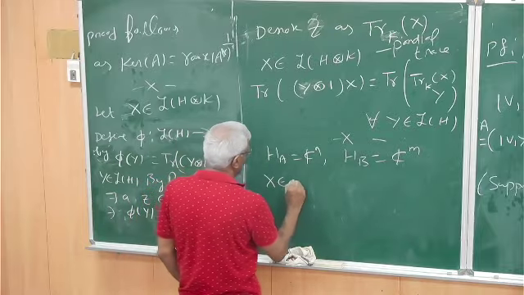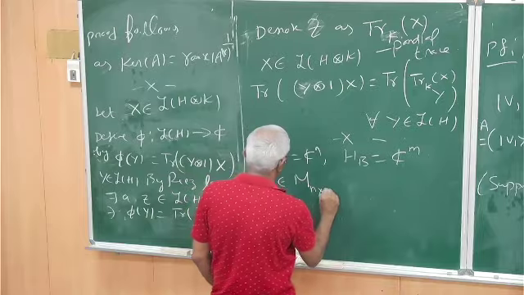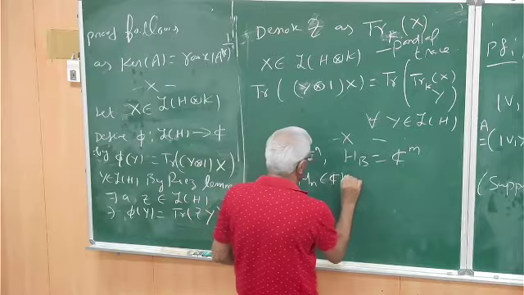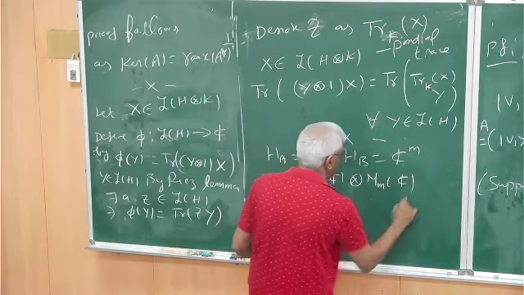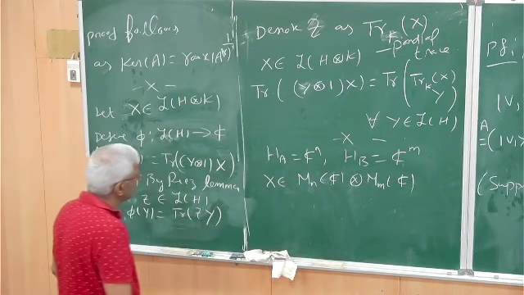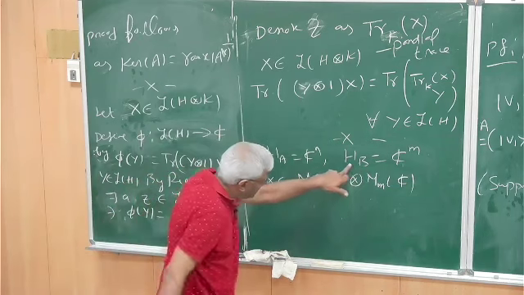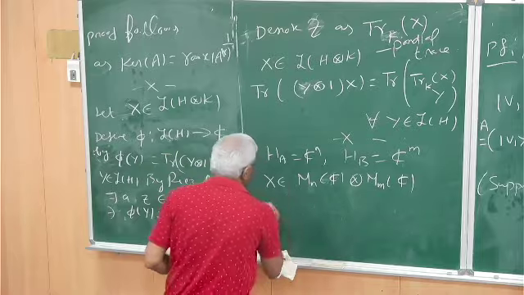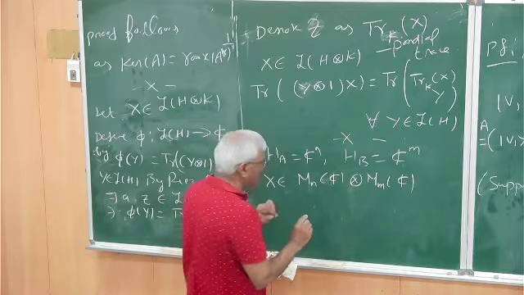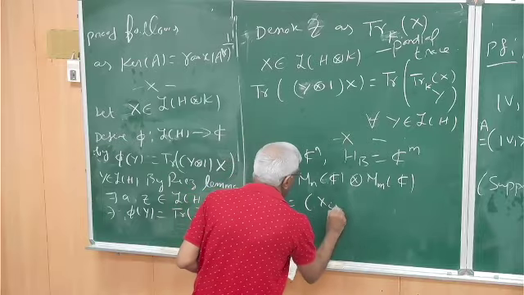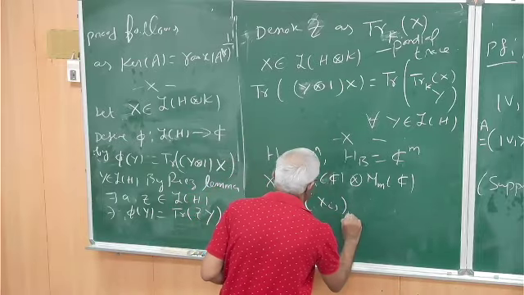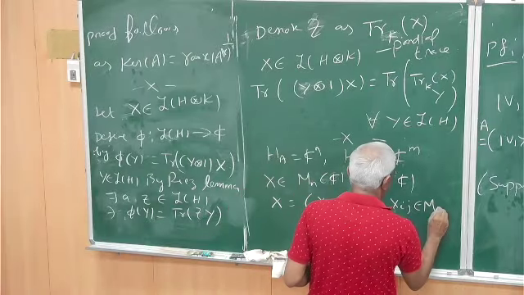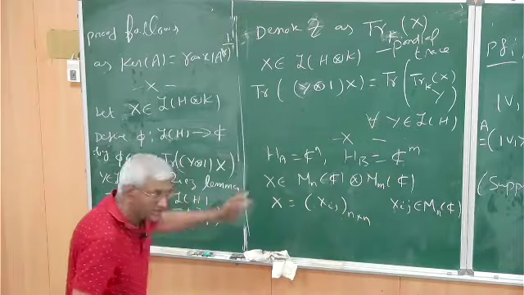Suppose X is in Mn tensor Mm(C). Then suppose X will look like Xij, where this is an n cross n matrix, with each Xij in Mm(C). That is how X will look.